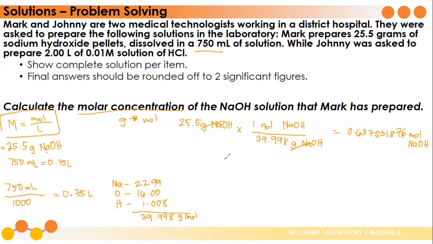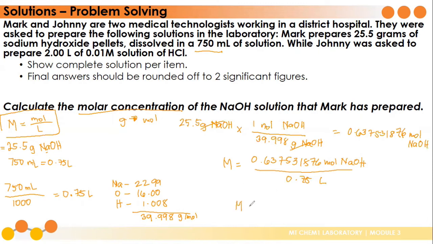And then using this number, you can now proceed with our molar concentration. You can now proceed with solving the molar equation, wherein molar concentration is equal to moles, which is our 0.637531876 moles of NaOH. You divide it by our liters, which is 0.75 liters.